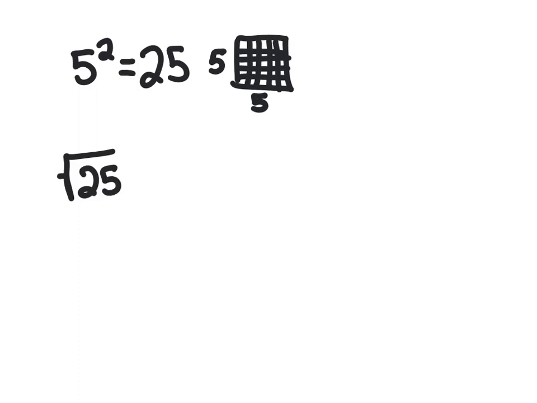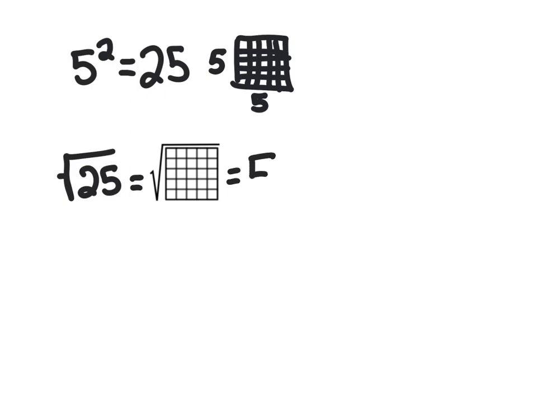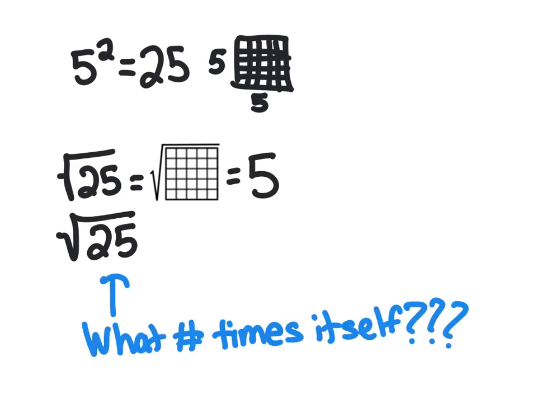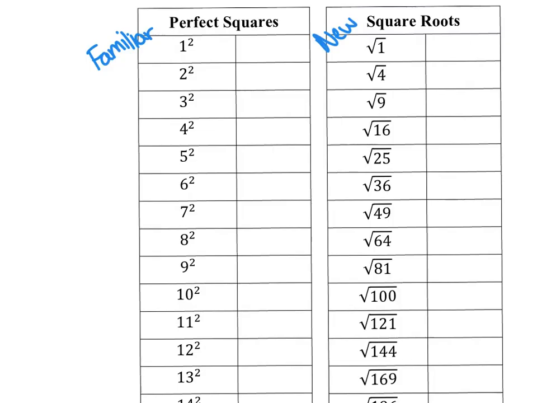I could visualize it like this, and I would see that each of those side lengths is 5 units. Therefore, the square root of 25 is 5. Some people like to think of it like this. What number times itself is 25? And since we know that 25 is 5 times itself, we know that the square root of 25 is 5.